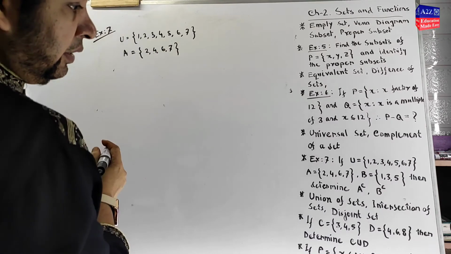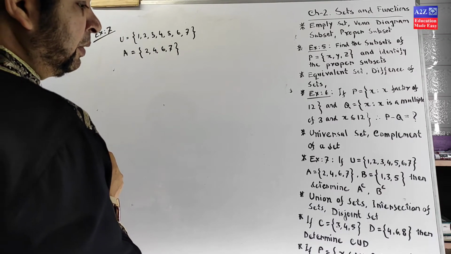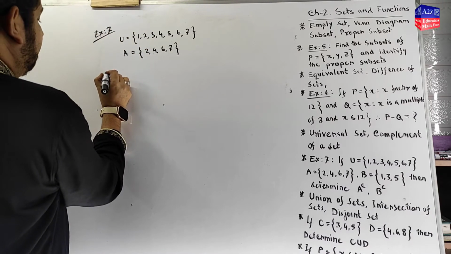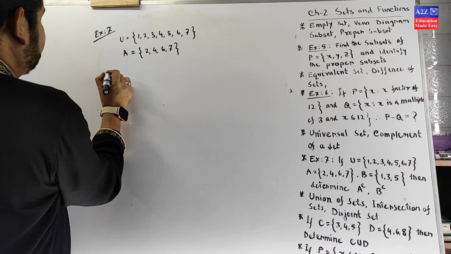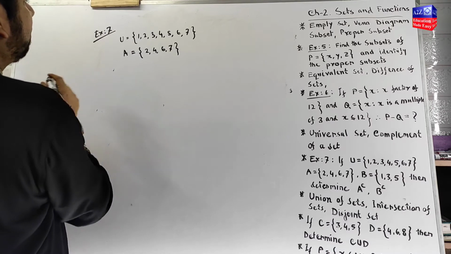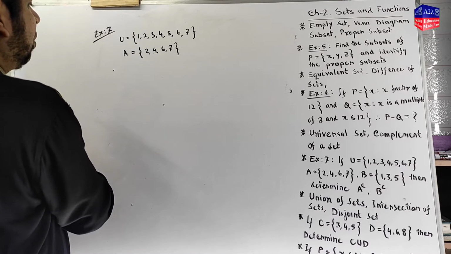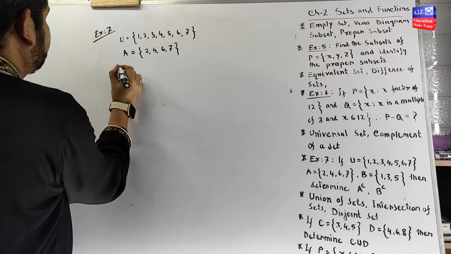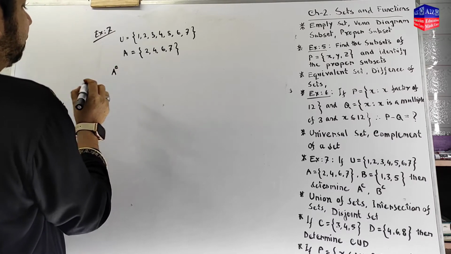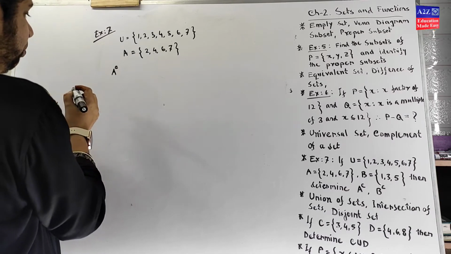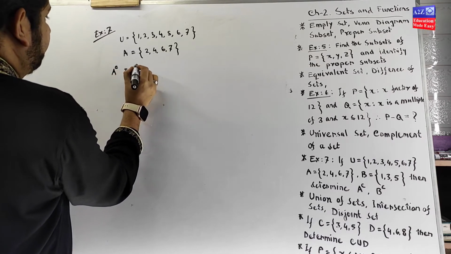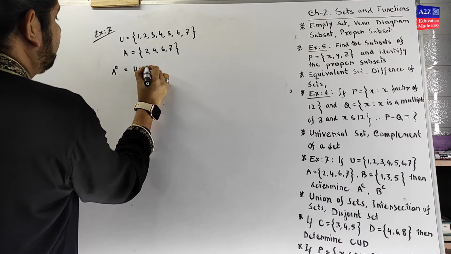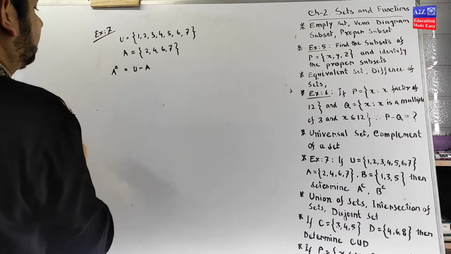Therefore, as per the definition of a complement set, we know that a complement of a set would be defined as the difference of the universal set and that set. So the complement of A would be denoted by A to the power C or A superscript C, and it will be termed as the universal set delete the actual set.